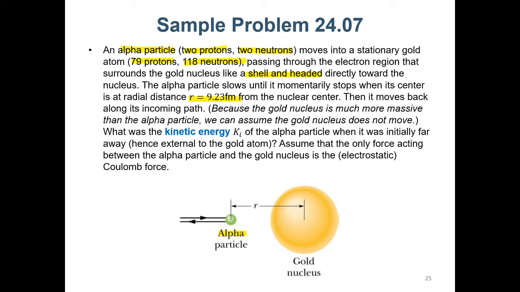Femto is 10 to the minus 15 meter from the nuclear center. Then it moves back along its incoming path. Because the gold nucleus is much more massive than the alpha particle, we can assume the gold nucleus does not move. So it's somehow like the conservation of momentum and conservation of mechanical energy.